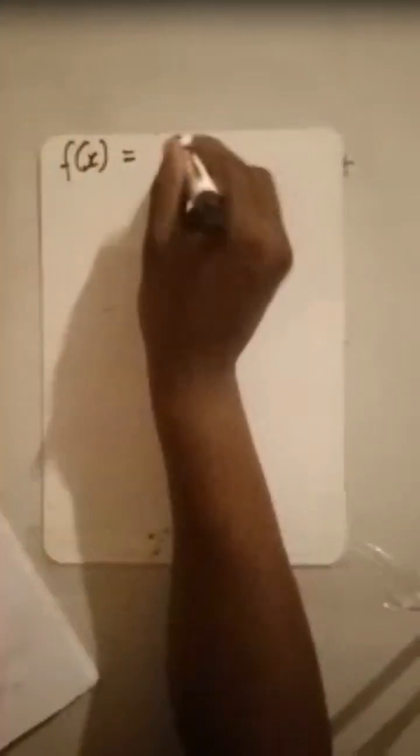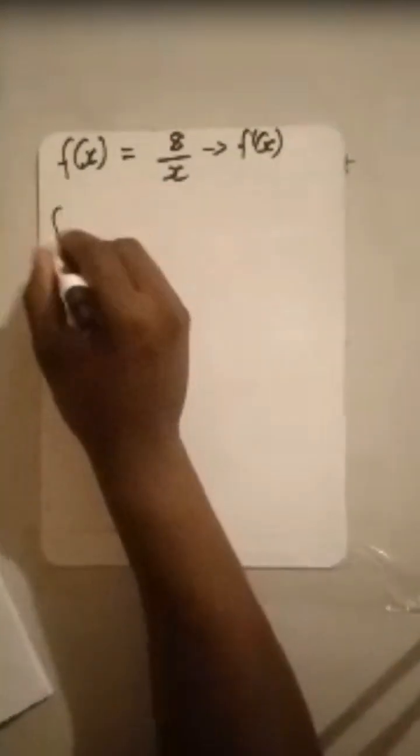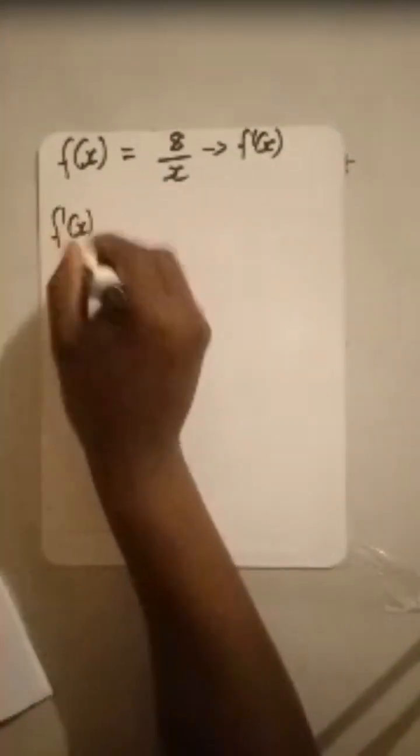So let's differentiate. Given f of x is equal to 8 over x. Let's try to differentiate that from first principles. So what we want is the derivative from first principles. Right. So remember the first thing, I said it, write the formula.